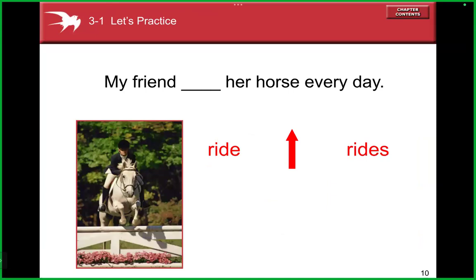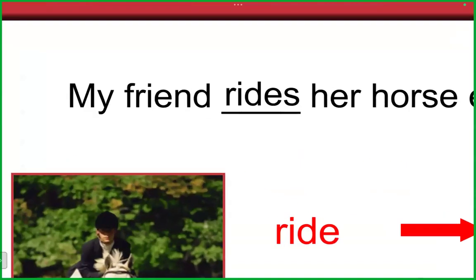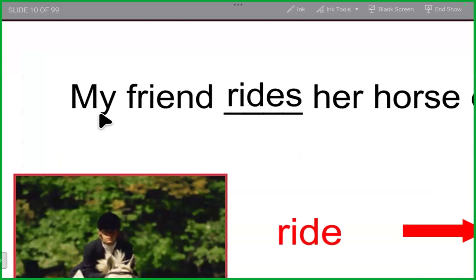Okay, we have another verb. The verb ride, cavalgar. So what is the correct option? Right. Yeah, that is correct. Again, because of the suffix, my friend is singular.